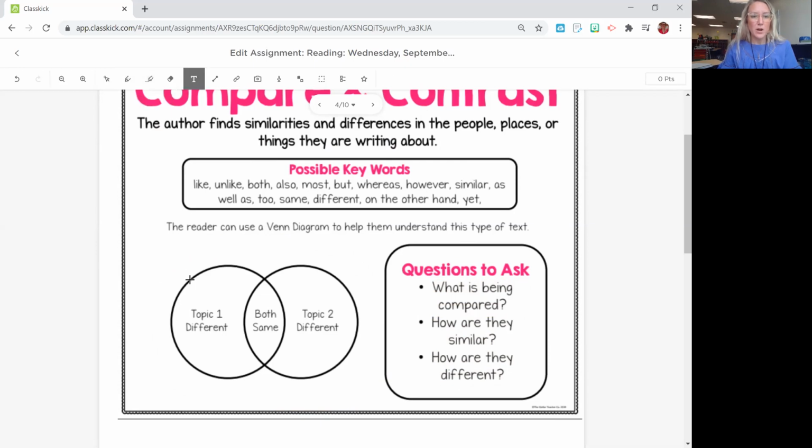So the two parts on the outside that do not cross over are the contrasting parts. That means that they are different. Contrast, I want you to think of like contrasting colors. So that's like opposite colors on a color wheel. You may have looked at that in art at some point.